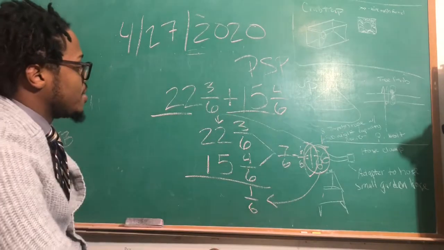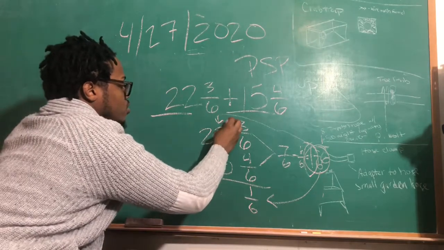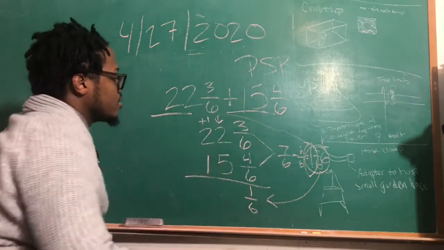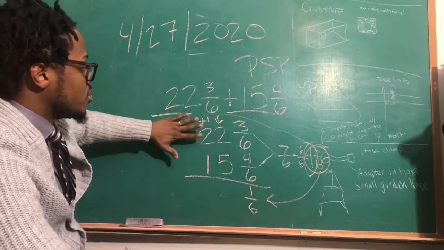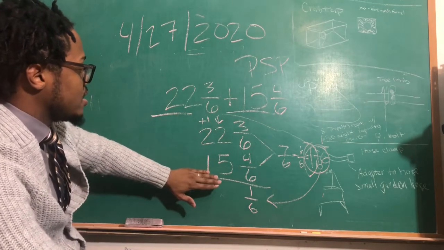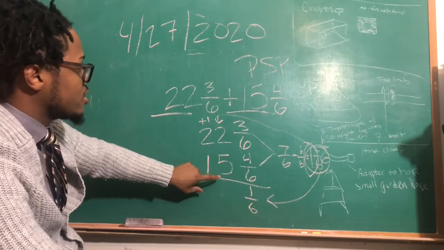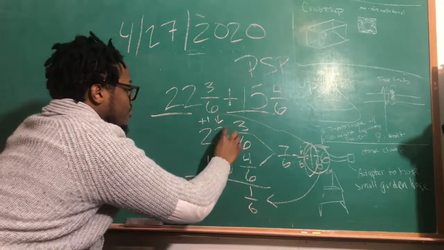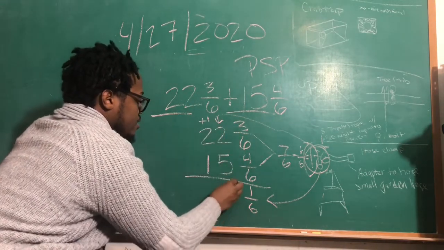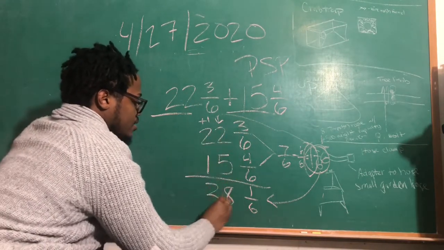So instead of that being 22, I can put a plus 1 here to know that I have 23. So it's 23 plus the 15, excuse me, is going to give me 38.